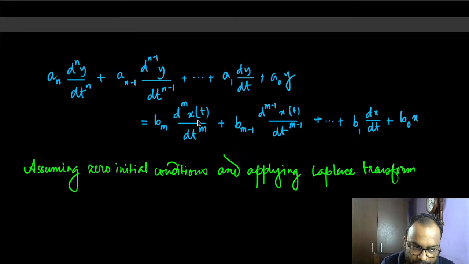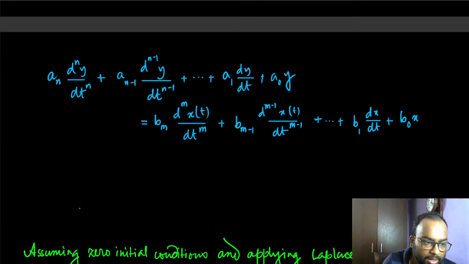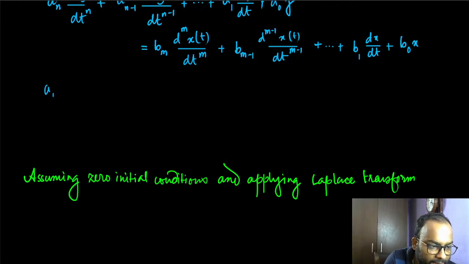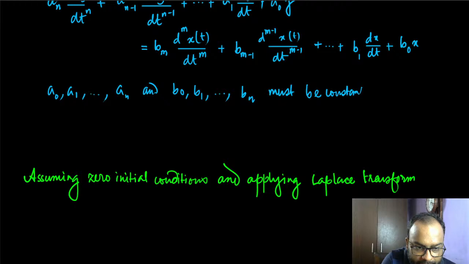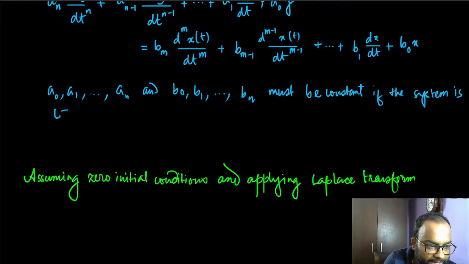then the system becomes non-linear. So let's mention these things properly. All these coefficients a0, a1, and so on up to an, and b0, b1, and so on up to bm, must be constant if the system is linear and time invariant.